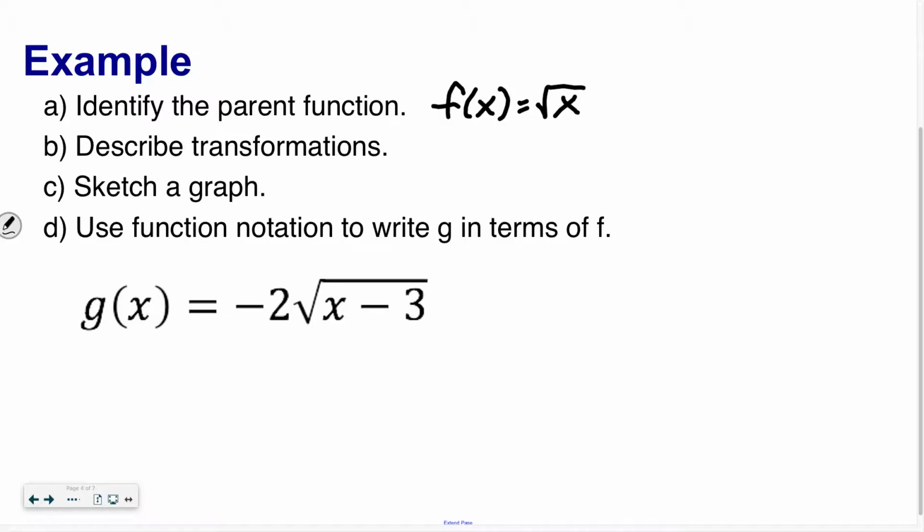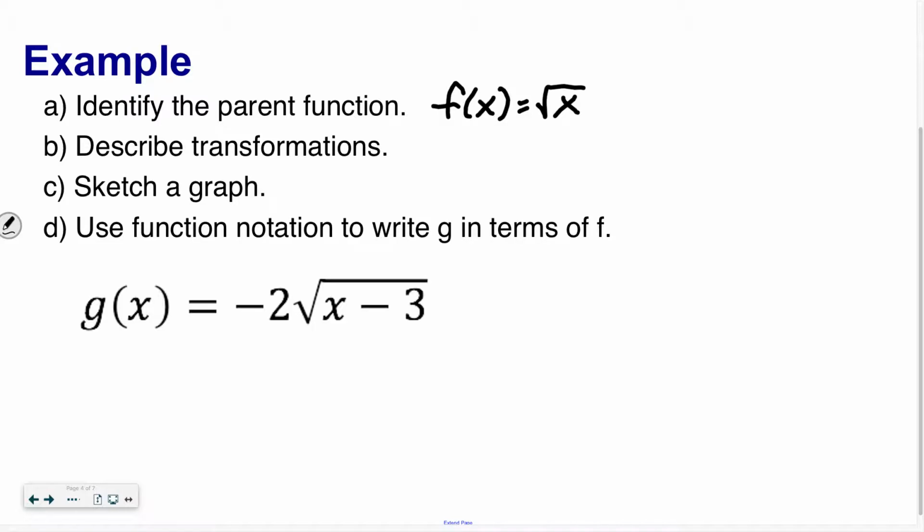Okay, identify parent function. It's square root of x. Sketch the graph. Describe transformation. Wow.